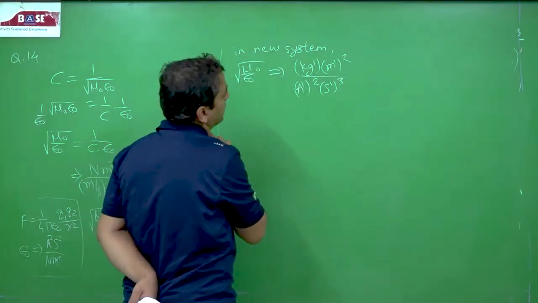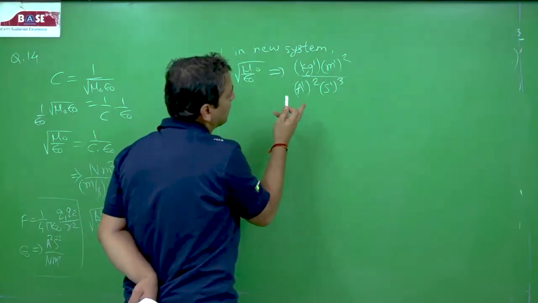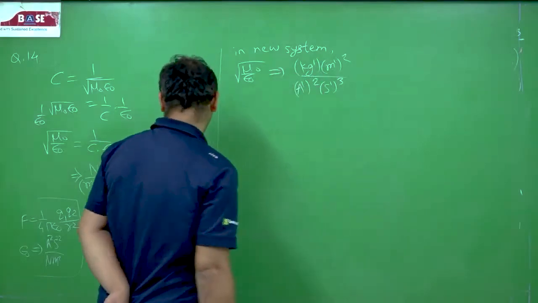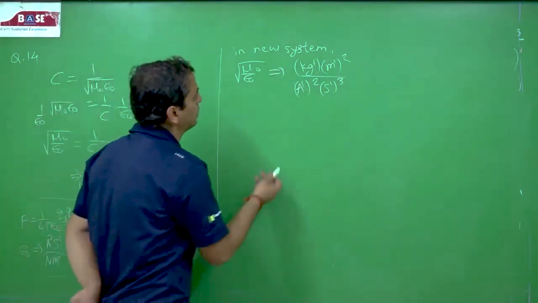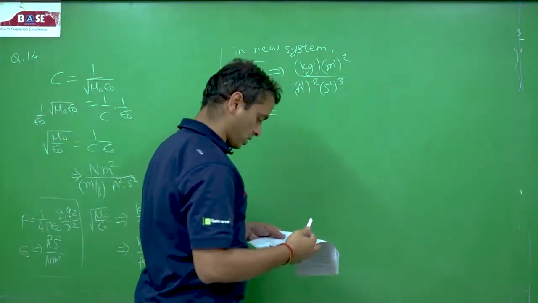We get this, and then we have to compare that with SI units. SI units was kg meter square per ampere square second cube.